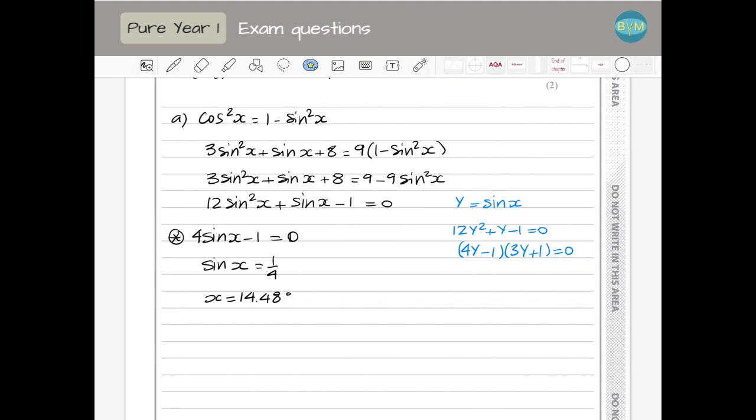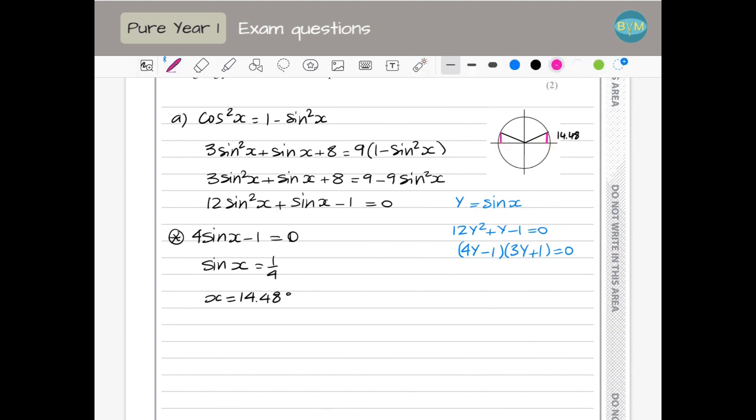To find the others, I can use the circle, if you like using the circle. 14.48 is an angle here, and I'm talking about the sine. I need another angle or angles that have the same sine, and are in the interval minus 180 to 180. The symmetrical in the y-axis will have the same sine.